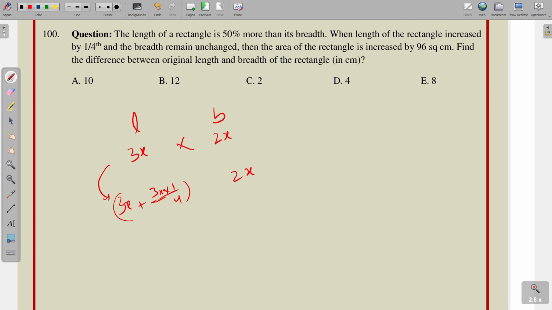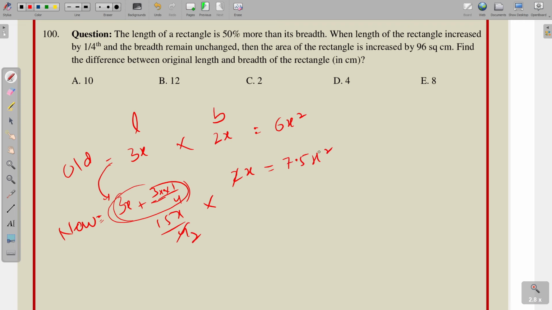Now area for the old one is 6x square. So it is 3x plus 3x/4 means 12 plus 15. The value of this one is 15x/4. This product 2 times, that is 7.5x square. This difference is 1.5x square.